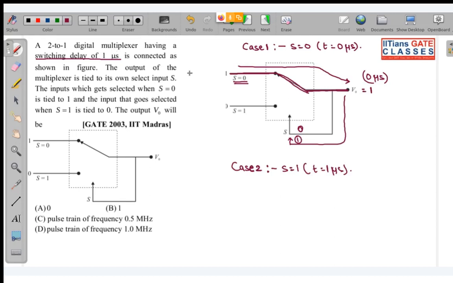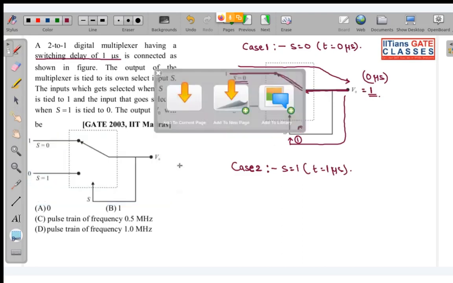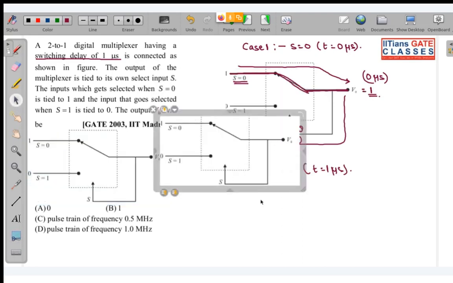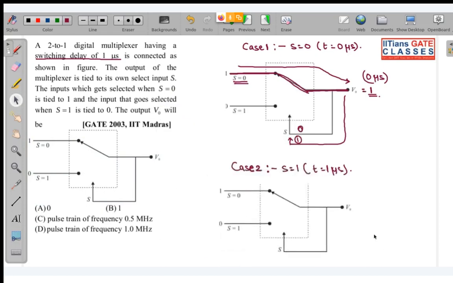So till that time the output is 1. After 1 microsecond, what happens? Your S becomes 1. So the moment it becomes 1, S equal to 1 is this line, so this will be connected to V naught.